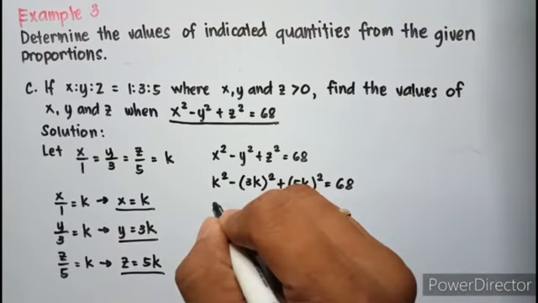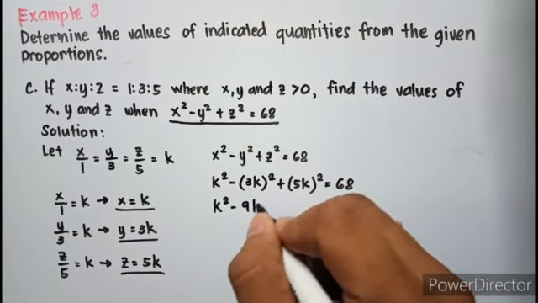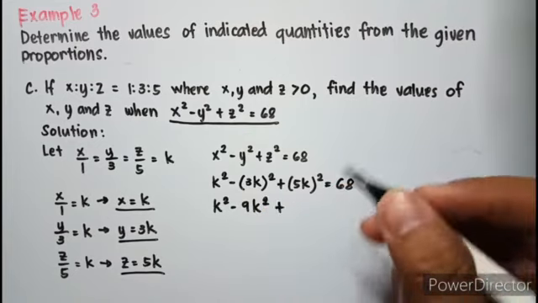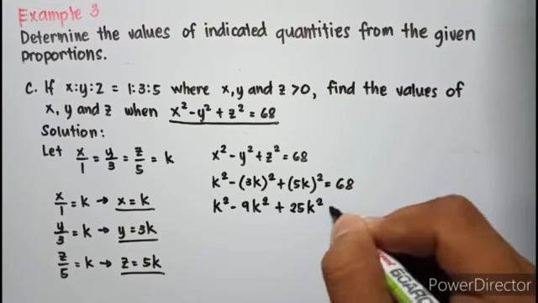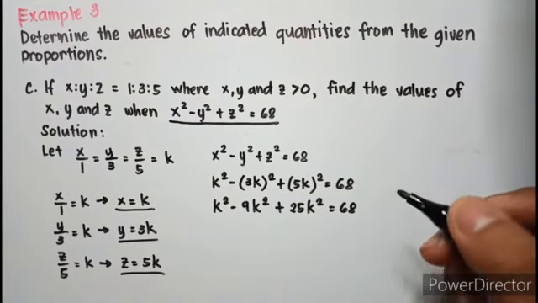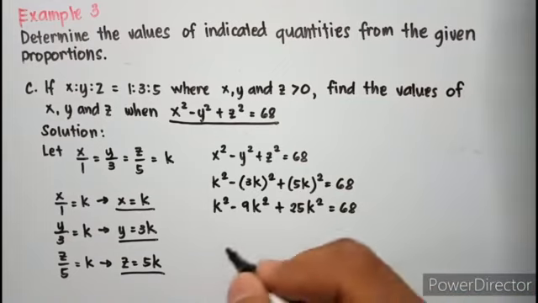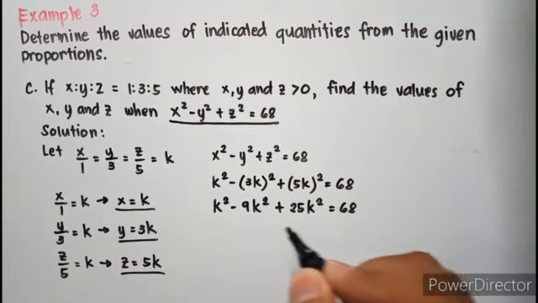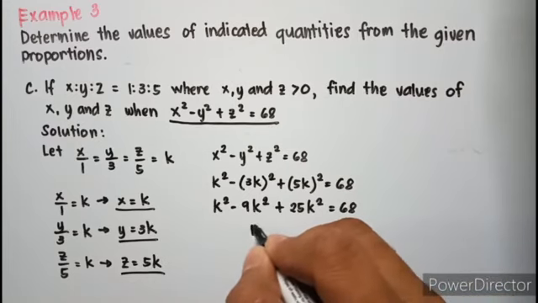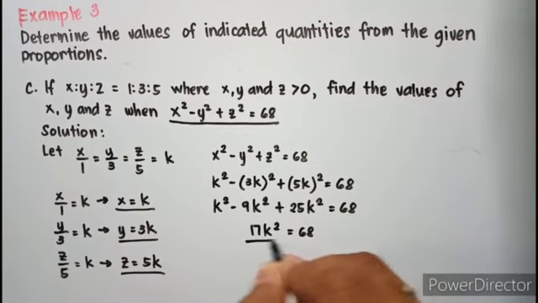Then simplifying this, we get k squared minus 3 times 3 is 9k squared plus 5 times 5 is 25k squared is equal to 68. Then we will have k squared minus 9k squared is negative 8k squared, plus 25k squared, that is 17k squared is equal to 68.